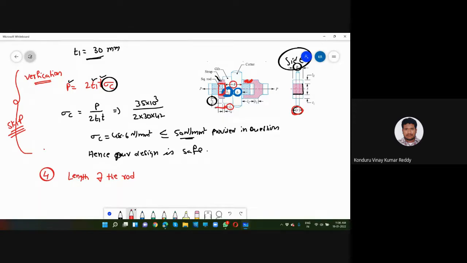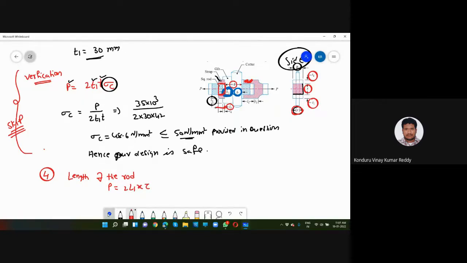Here we have found out T1, T1 we have found out, and the X value we have already found out. Now we are going to find the L2 value. Here we have a formula, P is equal to 2 L1 times shear stress.